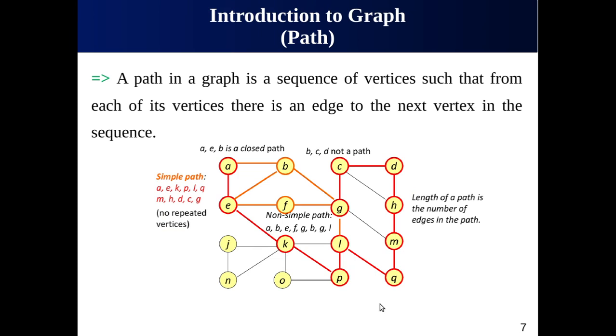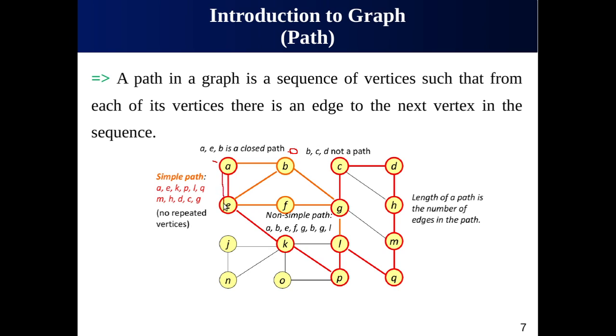Let us consider another thing, a closed path. Suppose our source here is A and our destination here is B. Once you decide to go to the destination, which is B, then you have to traverse like this.